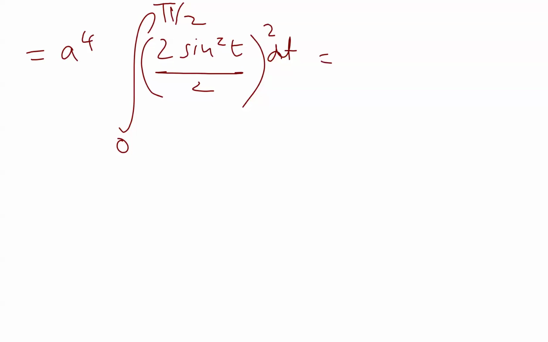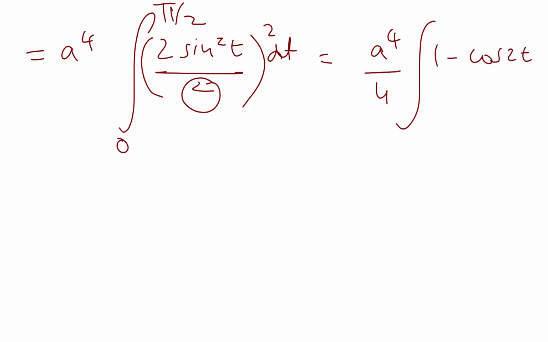So the whole square, a raised to 4 by 4, this 2 square I'm taking out, and then this will be 4. 2 sine square t will be 1 minus cos 2t, the whole square, 0 to pi by 2.